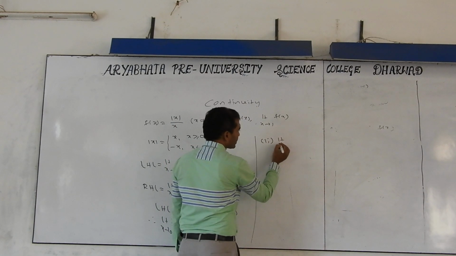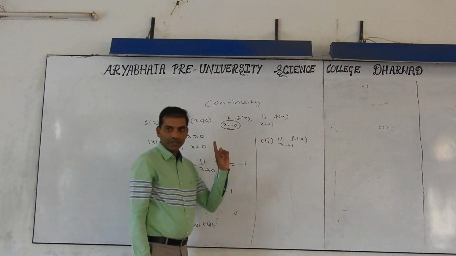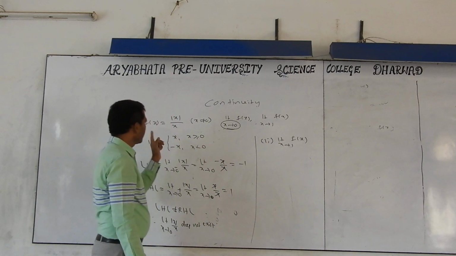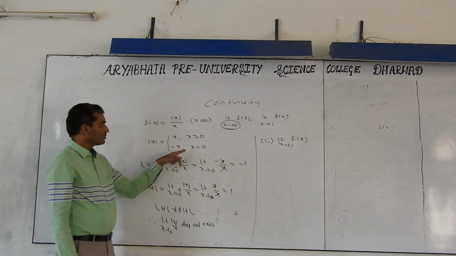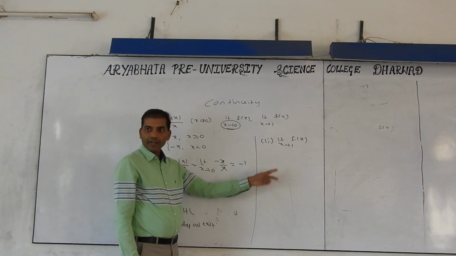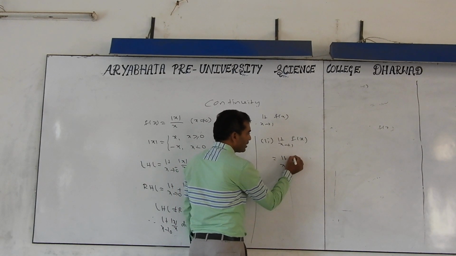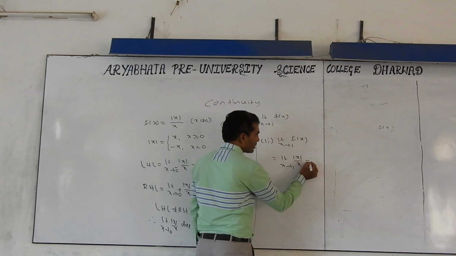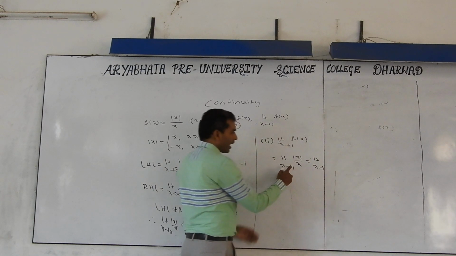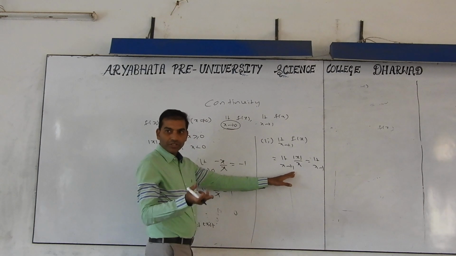Next, the second one, limit x tends to 1. At what point are we going to find the limit? 1. At 1, check: is it changing at 1? No. So you don't need to find the left limit and right limit. You can find it directly. Limit x tends to 1 mod x by x. As x tends to 1, either from the left neighborhood or the right neighborhood, both are positive only.